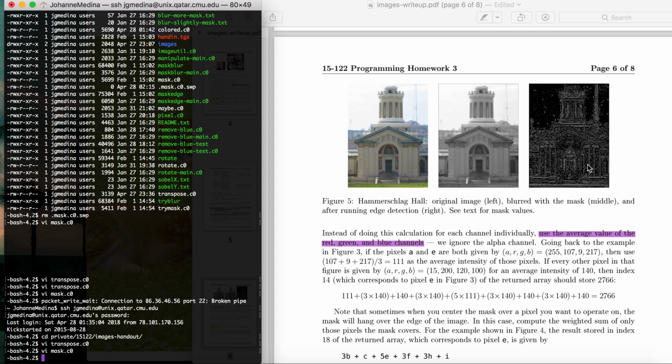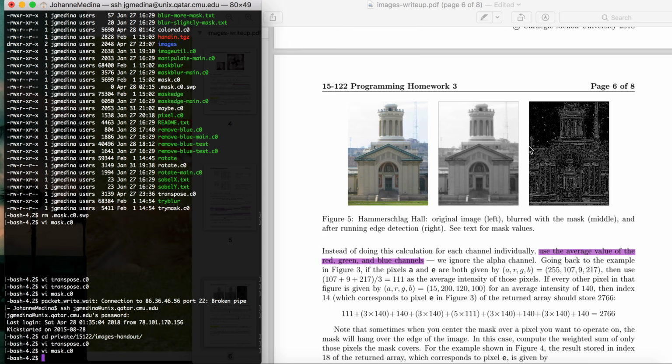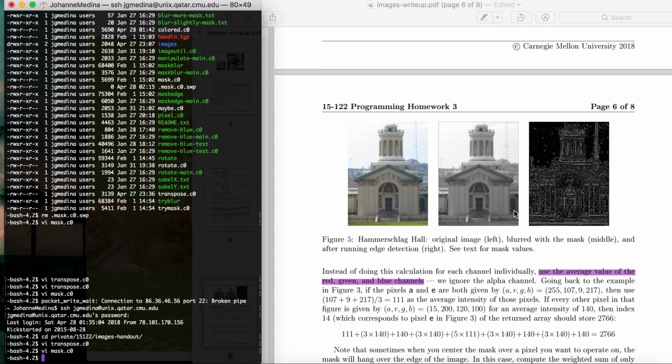So that's what I found really interesting in this homework. When it was first given to me, I was surprised at how linear algebra was useful in understanding the concepts and algorithms behind the implementation of this code.